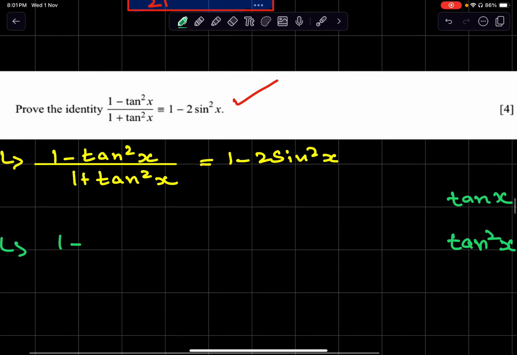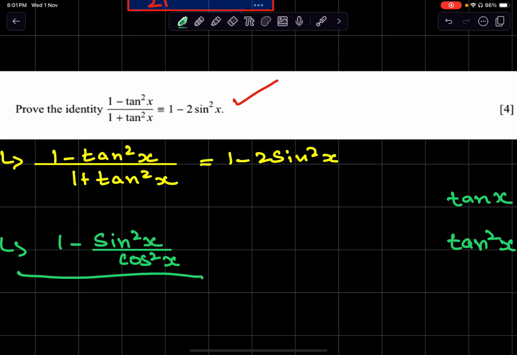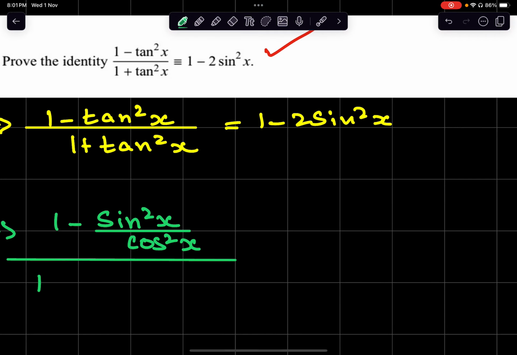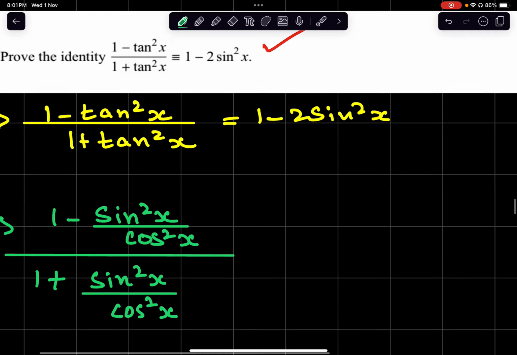So that's clear, we all know this. It will be sine square x upon cos square x. That's the first step, and we are going to do the same in the bottom as well, in the denominator. 1 plus sine square x upon cos square x, right?